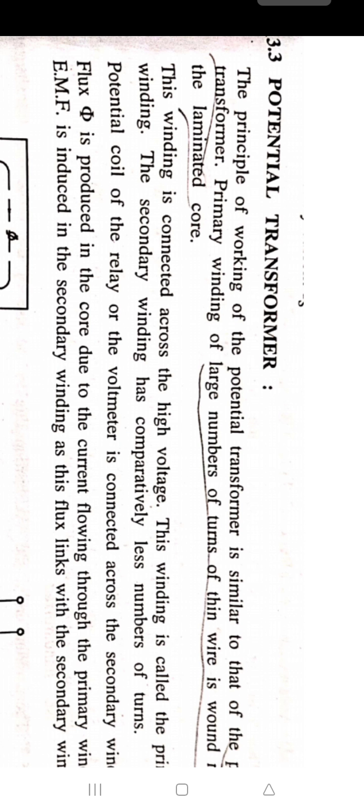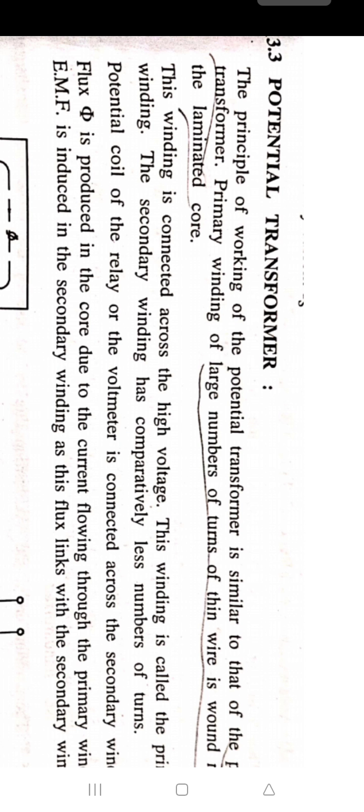Why is it so? Because in a potential transformer the primary side is at very high voltage and we need to measure that voltage, so we use a potential transformer. On the secondary side of the potential transformer there is very low voltage, so we can measure the voltage. So the high voltage side is the primary winding, while in a current transformer, on the primary side the current is very high.